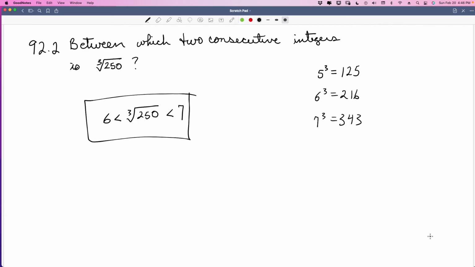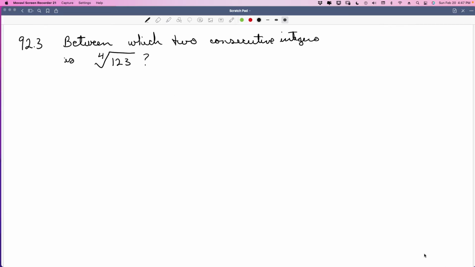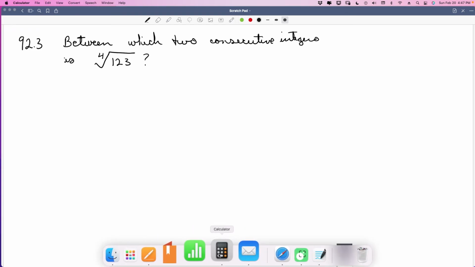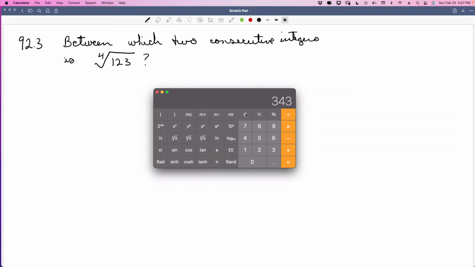So let me pause and put that up there for you. All right, so now they're making it a little bit harder. Between which two consecutive integers is the fourth root of 123? So first off, let's start with 2 and see if that works. Now, on your scientific calculator, you're going to see a little X to the Y, and what that does is it allows you to type in whatever root you need.